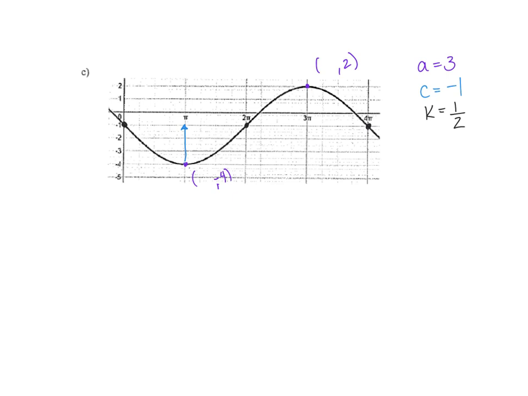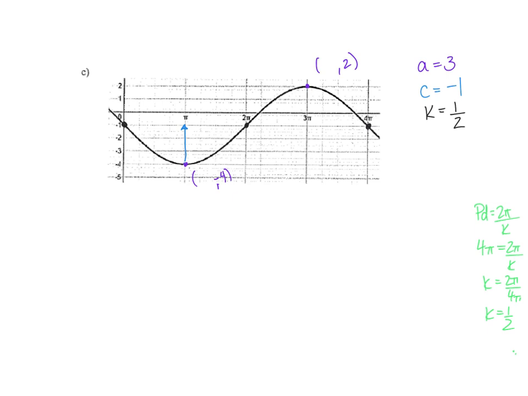Because we know in our equation that's going to really be described as a horizontal stretch by a factor of 2. Again, if you're unsure, rearrange, and we get that k is equal to 1/2.